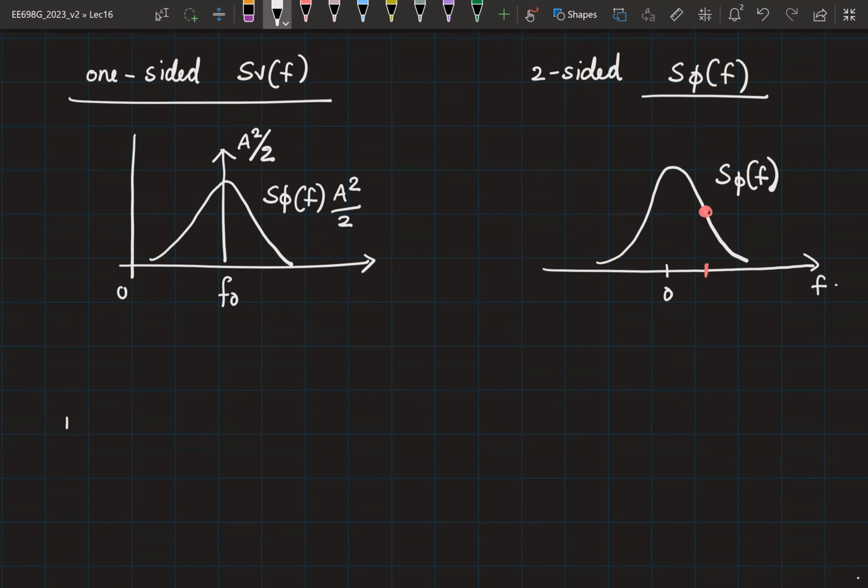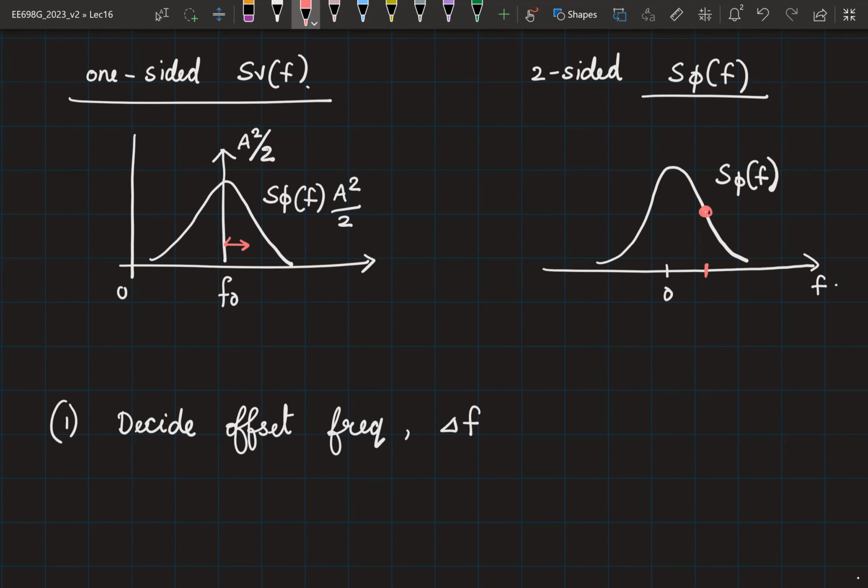The first step is to identify an offset frequency. So you decide on an offset frequency, let's say some delta f, okay? And all this definition is now based on the one-sided SV of f, the voltage domain PSD. So I decide on a delta f. It's called an offset because it is going to give us a frequency f naught plus delta f.